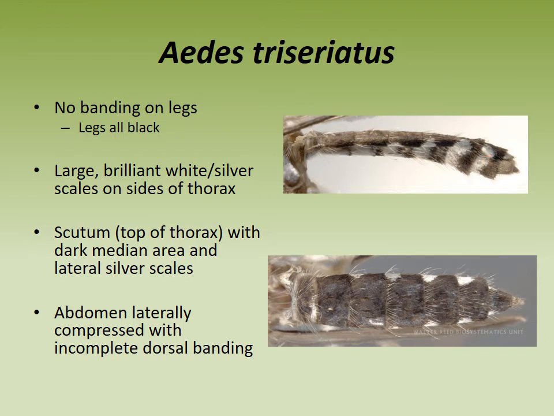They have incomplete dorsal banding. I mean, the banding is definitely basal, but it is not found on the dorsal side as much of the abdomen, but it is laterally, and on the ventral side you can see that the basal scales are very prevalent.